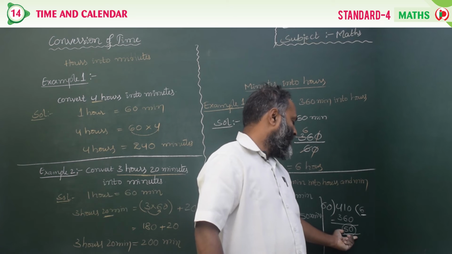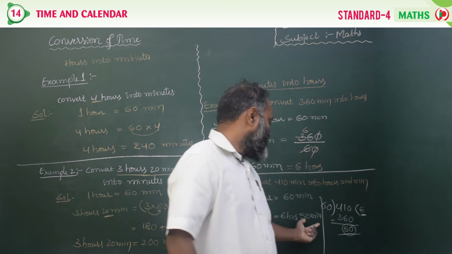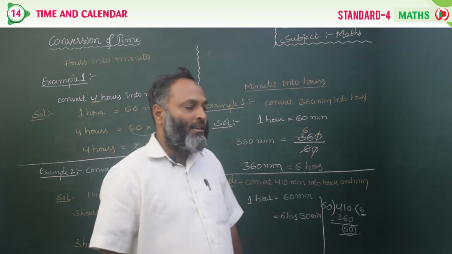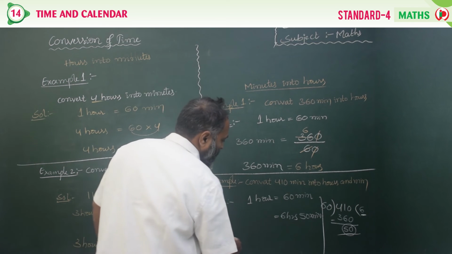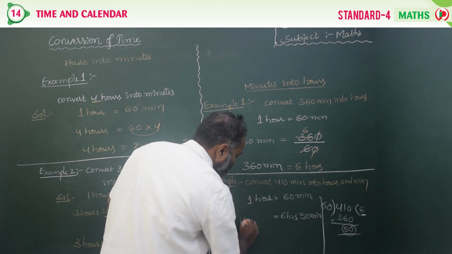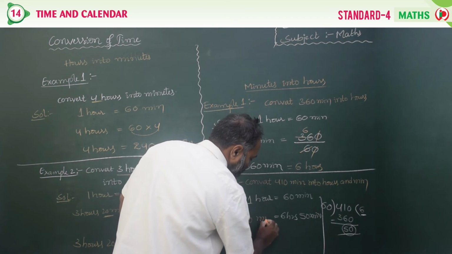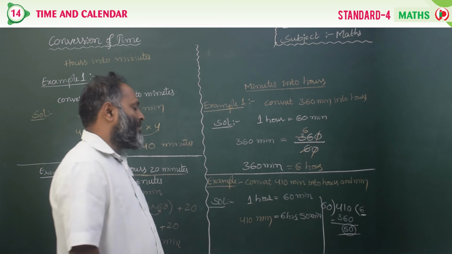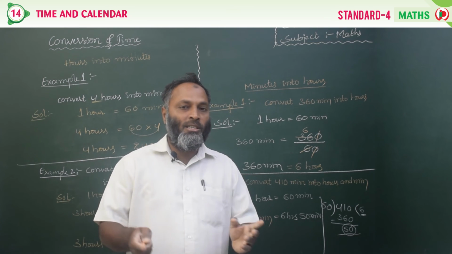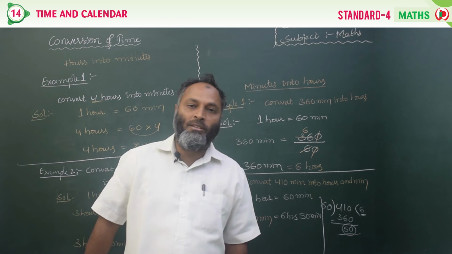If any remainder is left, that is minutes, and the quotient represents hours. 410 minutes is equal to 6 hours 50 minutes. This is the conversion of hours into minutes, and minutes into hours and minutes. Okay.